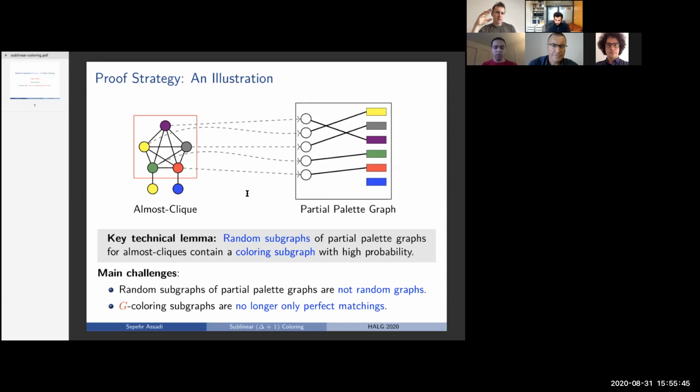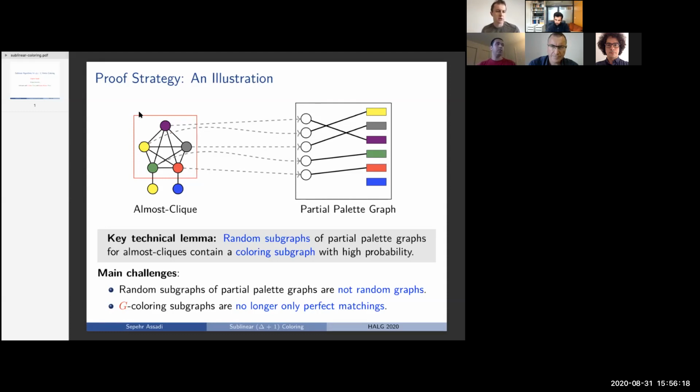But the good thing is that because we start with an almost clique, the number of those edges is not that much. Sorry, Sepehr, I might have missed this, but the almost clique, is that the graph where every neighborhood is missing at least epsilon squared, delta squared? No, almost, the other side. This object is epsilon close to being a delta plus 1 clique. In the sense that you can turn it into a clique by removing or adding at most epsilon delta squared edges or so.